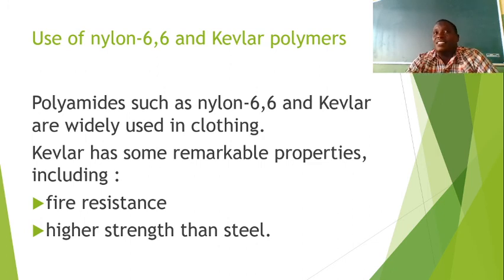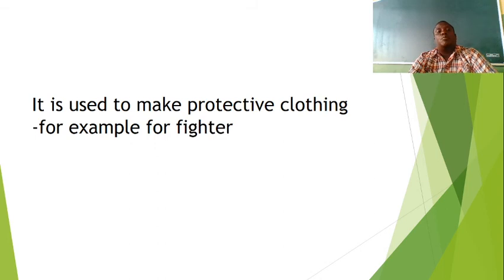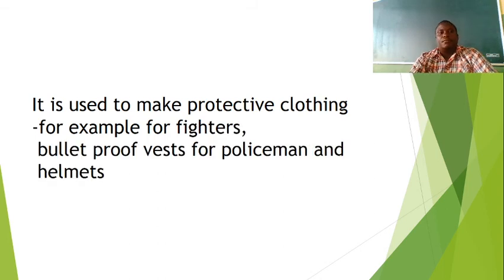They are hard, very hard, harder than steel. So it is used to make what we call protective clothing, for example, for fighters. You see the bulletproof vest for policemen, it cannot be broken even by a bullet from a gun.